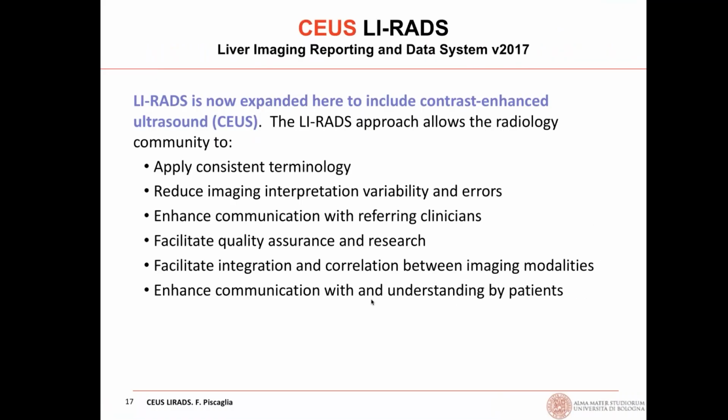As I mentioned, it started with CT and MRI, slightly after that guidelines that endorsed only CT and MRI. But nowadays, the LI-RADS system is expanded to include also contrast-enhanced ultrasound. And this happened about 3.5 years ago, at the end of 2016.